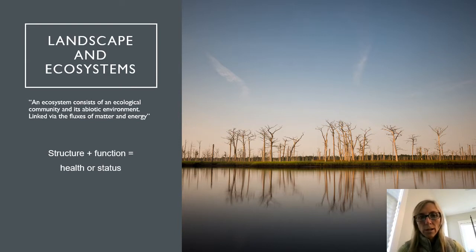Ecosystem function might variously refer to fluxes of matter and energy and the extent to which those processes are influenced by some of the structural components, including species and functions of the ecosystem and the services provided by that ecosystem. So we can often think of ecosystem structure plus its function equaling the health and condition or status of a system.